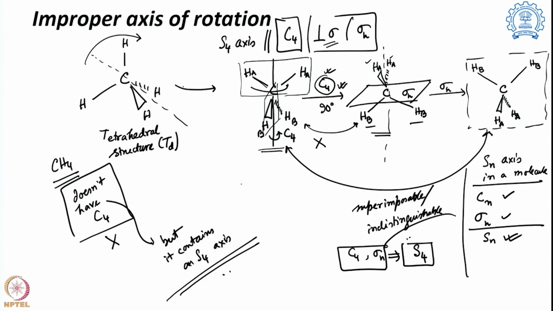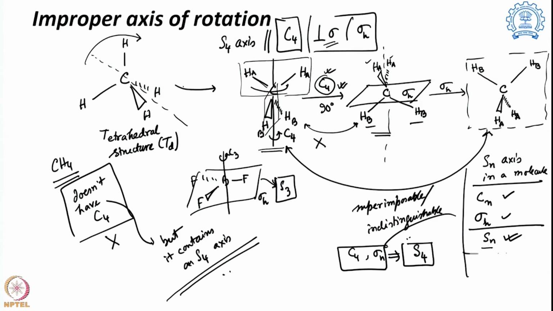For example, when you talk about this BF3 molecule, it contains a C3 and a sigma h, that means BF3 will contain an S3 axis. So, if a molecule already contains a Cn and sigma h, it will obviously have Sn. But it does not mean that if a molecule does not have Cn and does not have sigma h, it cannot have an Sn, it still can have Sn.